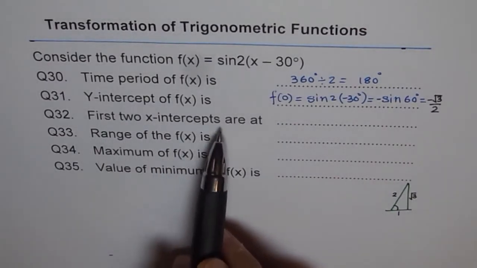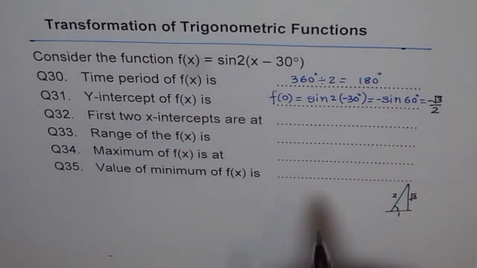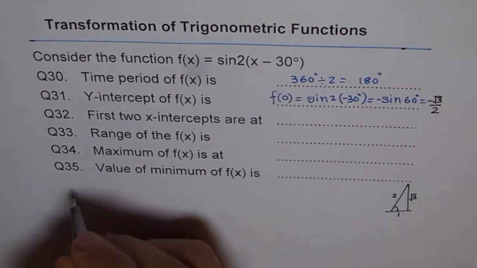The first two x-intercepts are at what locations? Now, the value of the x-intercepts you can also find with the help of transformation of the points. That could be an easy approach here. As you know, for the normal sine function, let me sketch one and show you what I'm trying to say.